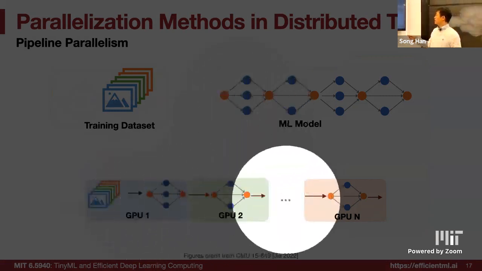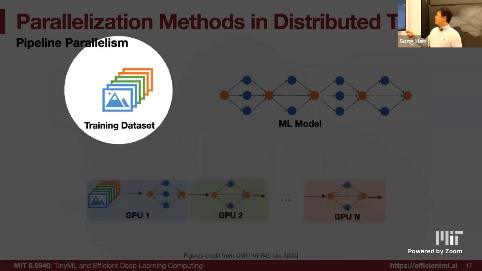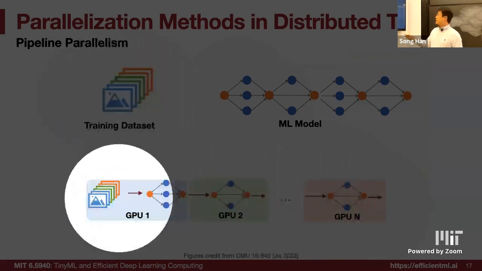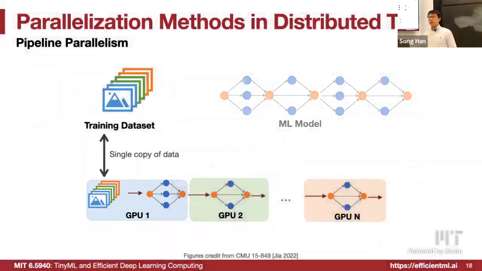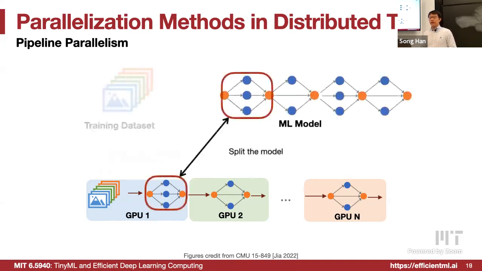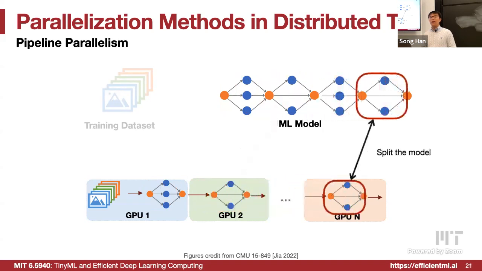Partition the model in N parts in a pipeline manner, but they are sharing the same training data set. So we have a single copy of data, but we are splitting the model. GPU1, GPU2, GPU-N are processing different layers of the model.